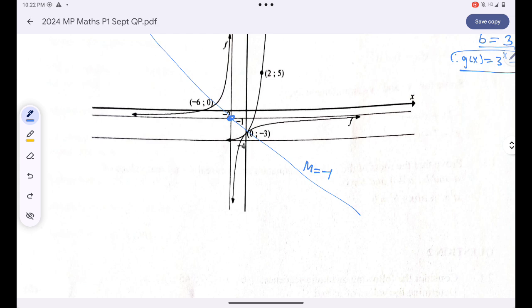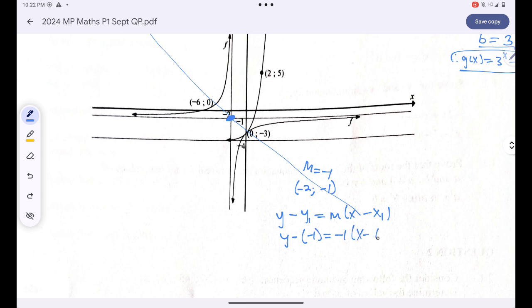So I know that already the gradient is equal to -1. The point of intersection, the point where the two asymptotes meet, the x value is -2 and the y value is -1. So I'll simply use the equation that says y minus y1 is equal to m times x minus x1. So y minus y1, that's y plus 1. m is just equal to -1 as well.